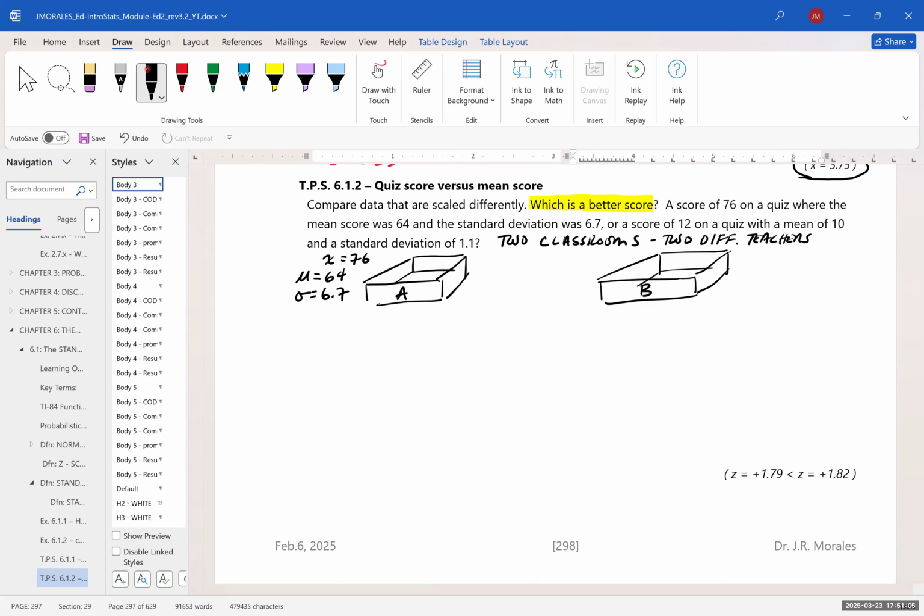And in the other class, we had a student with a score of 12 with a mean of 10 and a standard deviation of 1.1.